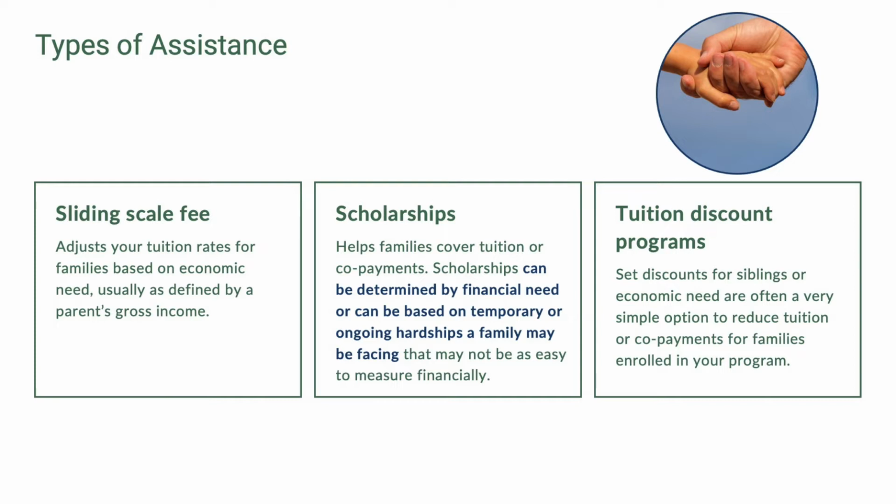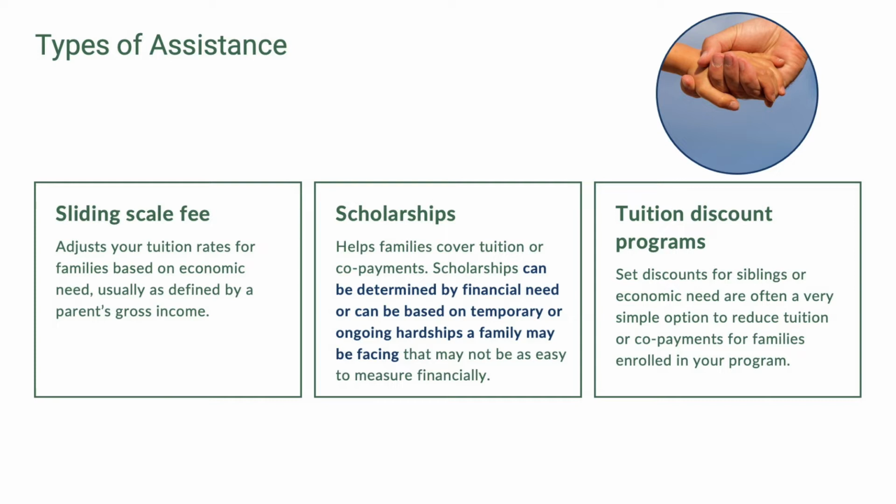Scholarships can be offered to help families cover your tuition or co-payments. Scholarships can be determined by financial need or can be based on temporary or ongoing hardships a family may be facing that may not be as easy to measure financially, such as COVID-19. For example, a family might experience an influx of medical bills that creates additional hardship and stress on them for a period.